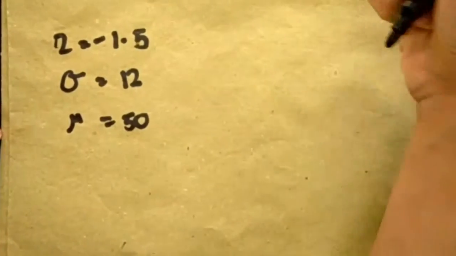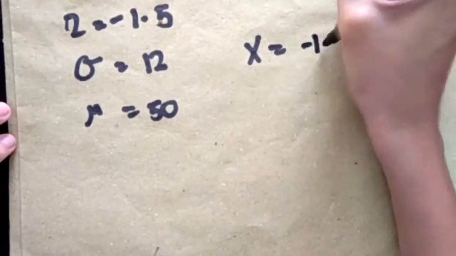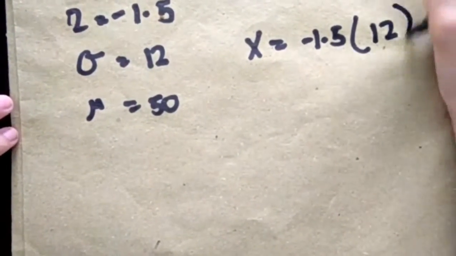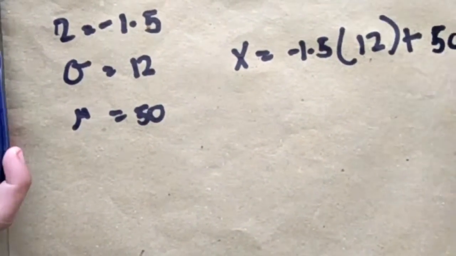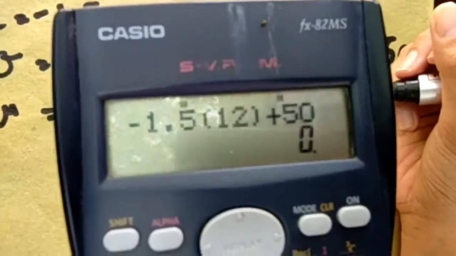We're going to evaluate this problem. Negative 1.5 times the standard deviation of 12 plus the mean of 50 is equal to, this is how you're going to input the given problem, and the answer is 30.